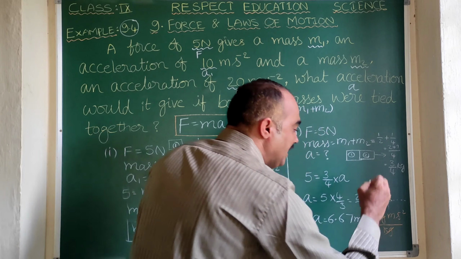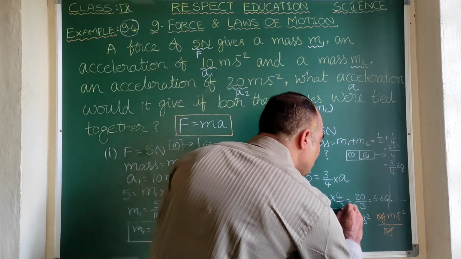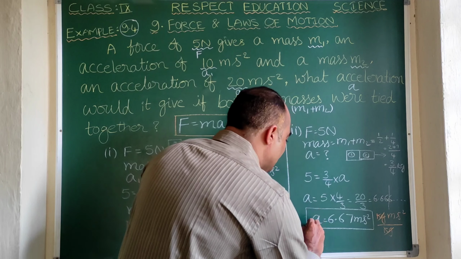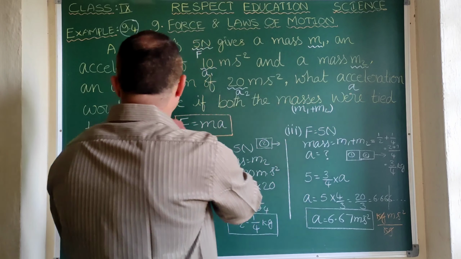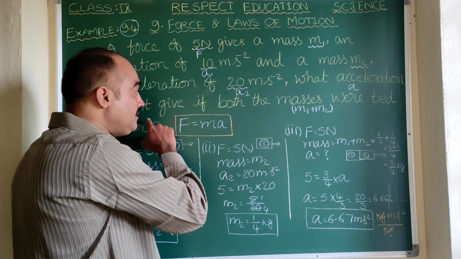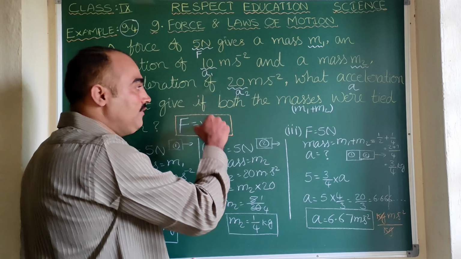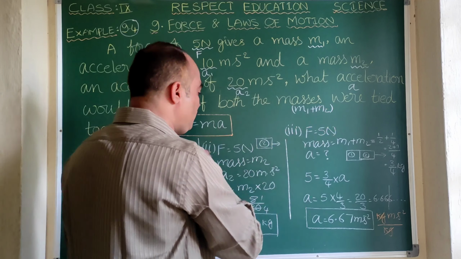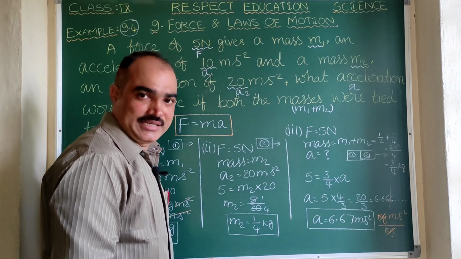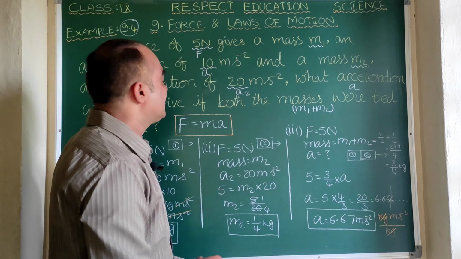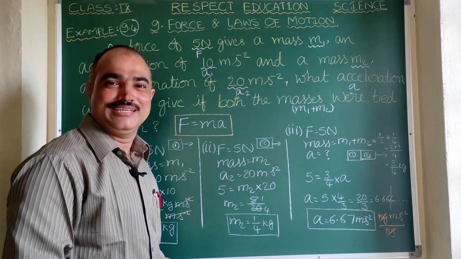It can also be written as m into s power minus 2. Therefore, let us conclude that the acceleration it gives if both the masses were tied together is 6.67 meter per second square. With this, example 9.4 gets completed.